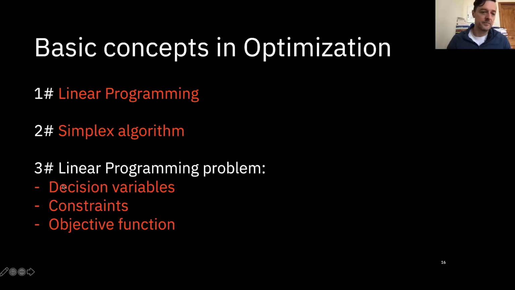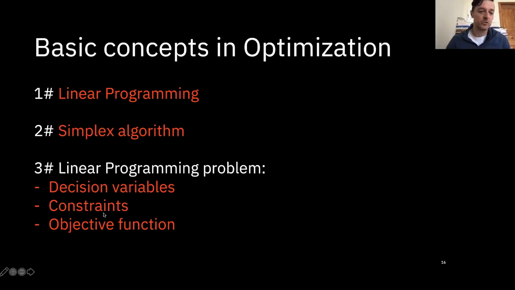And there are three things: decision variables, constraints, and objective functions. Decision variables are something you can move, for example the number of workers. It depends on you how much you put in, right?